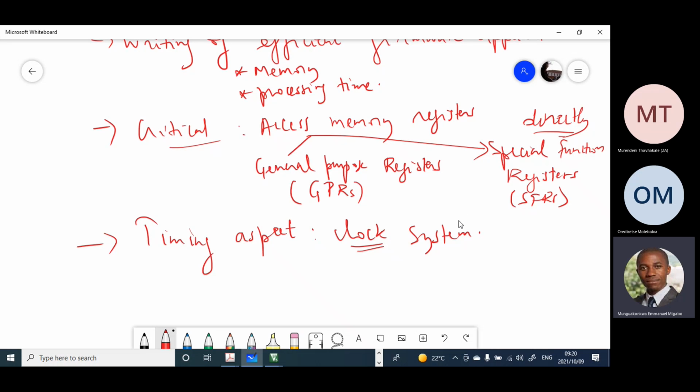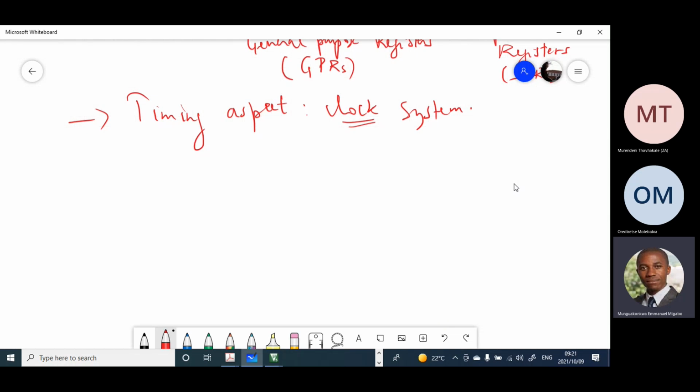I call it a system because with modern microcontrollers, you still feed them with a single external clock, but they have internally a full clock division and clock routing module, so that you can get from the same reference clock multiple clocks at different speeds. Okay, and that is where I want to focus for now.